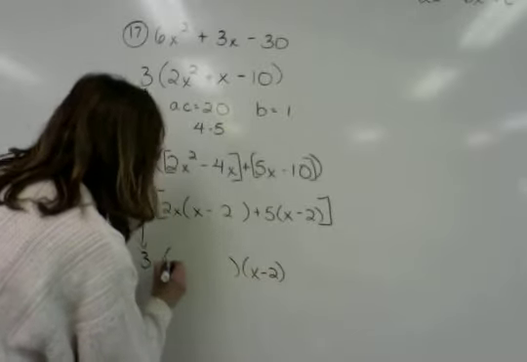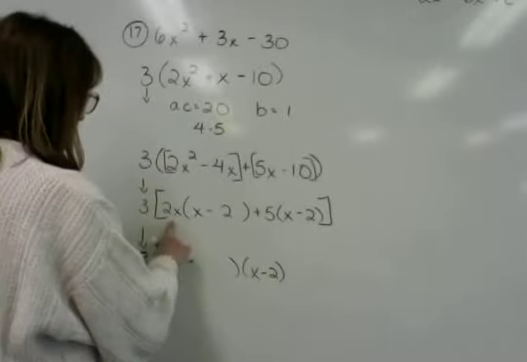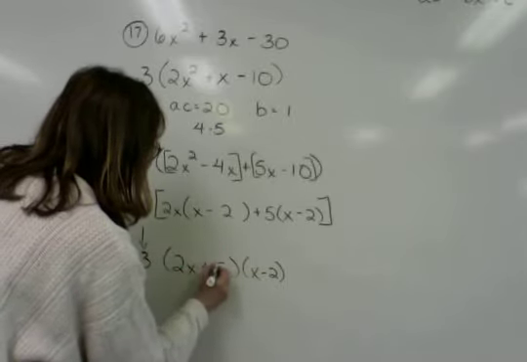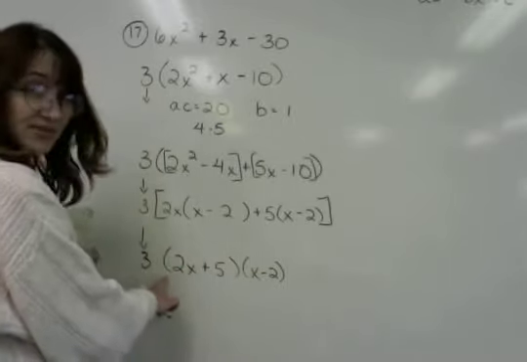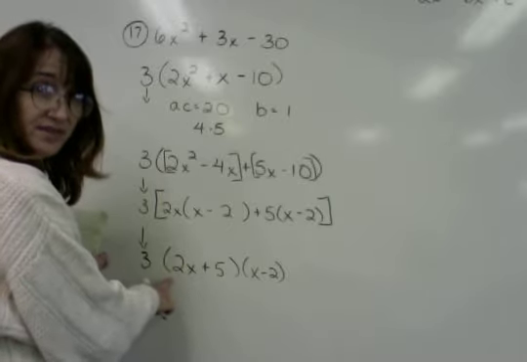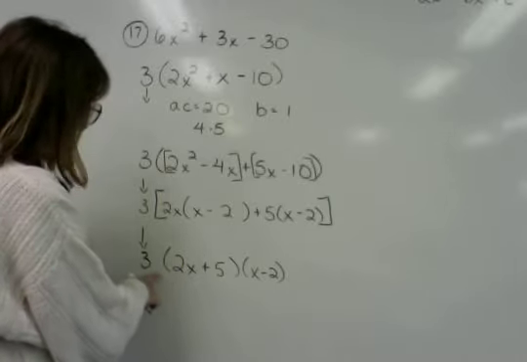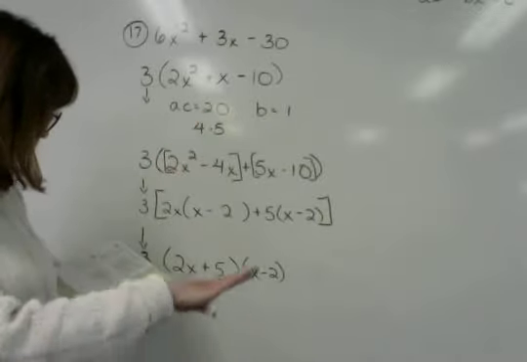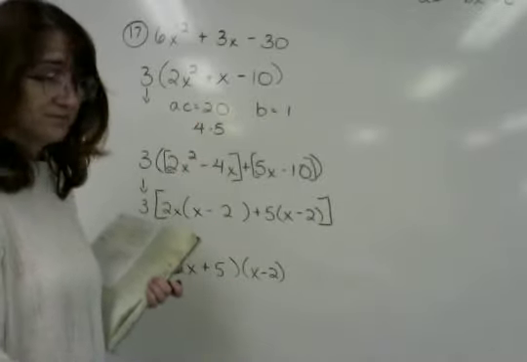But I also have another binomial, 2x plus 5. The 3 stays right here in front. That's how you factor that all the way down.